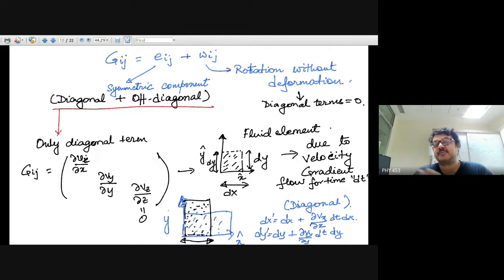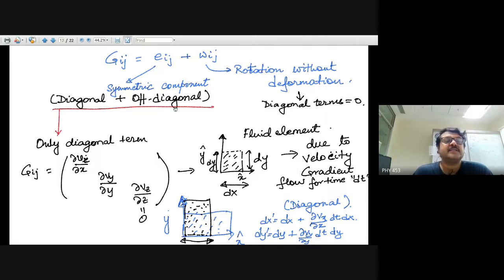E, when it acts upon a fluid element, will deform it. Omega will rotate it without deformation. And let's try to figure out what this does to a fluid element when this velocity gradient tensor acts on a fluid element. So this one can be broken down into a diagonal and an off diagonal part.